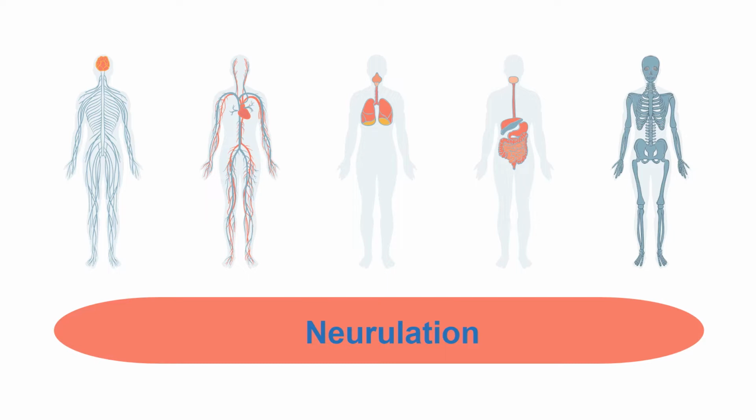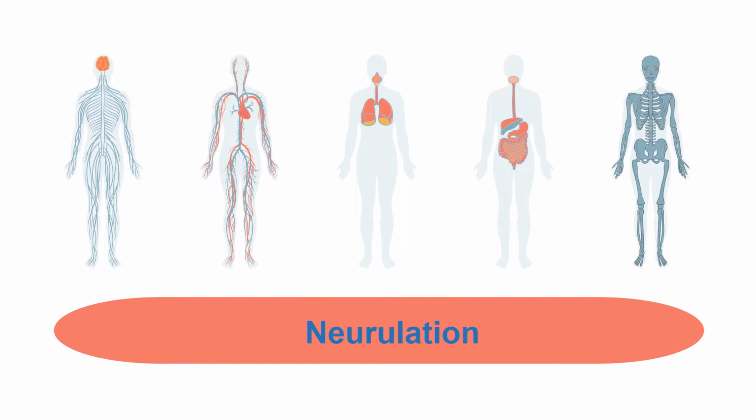So that means things like the spinal nerves and ganglia, the autonomic nerves and ganglia, as well as the enteric nervous system. So, for the purposes of today's lecture, we're only going to be looking at the development of the central nervous system.